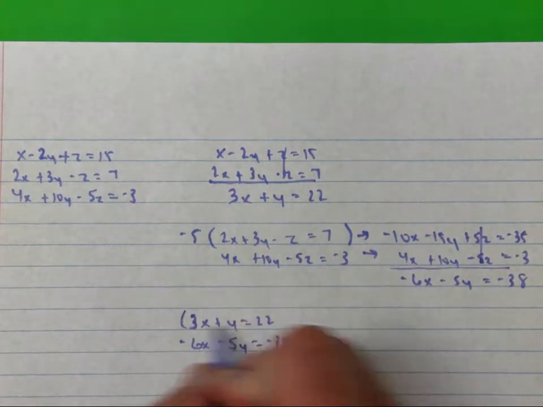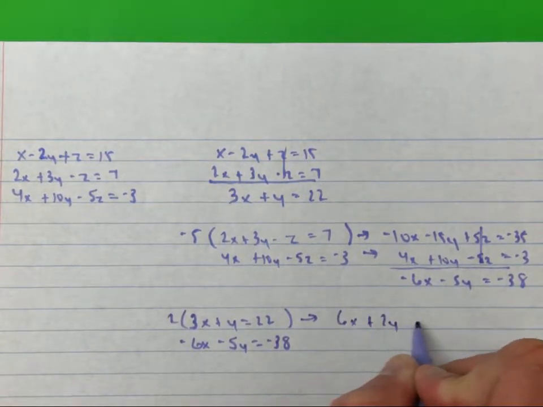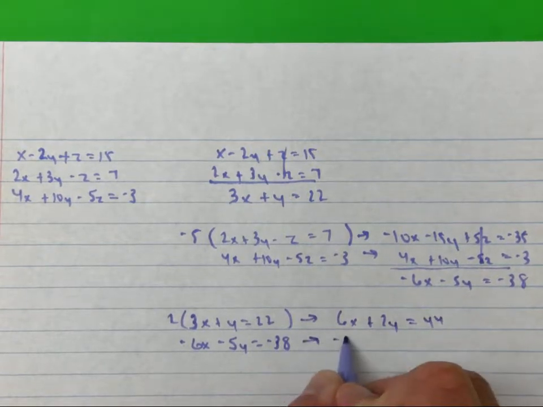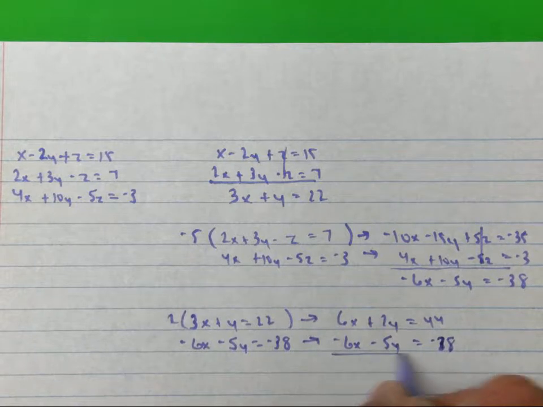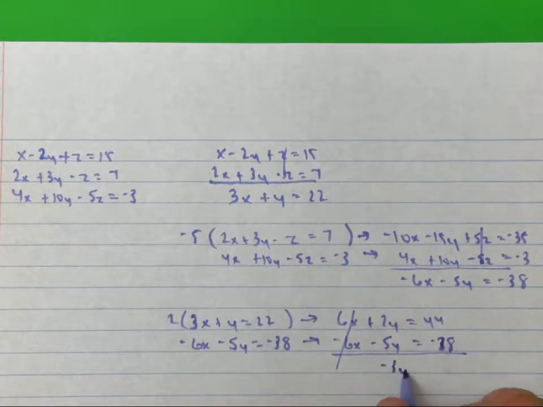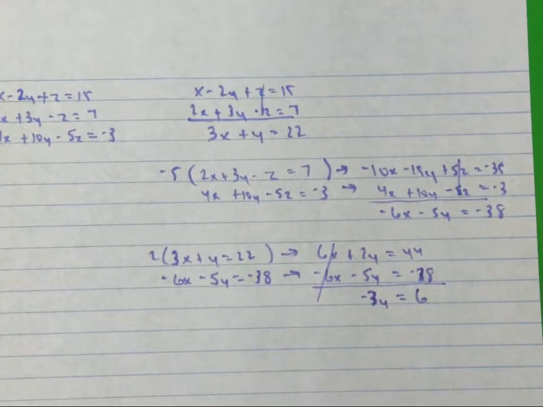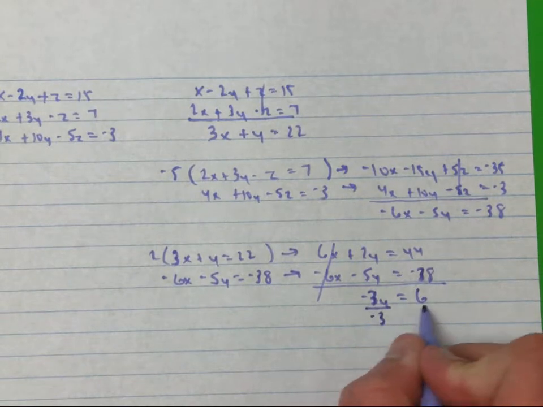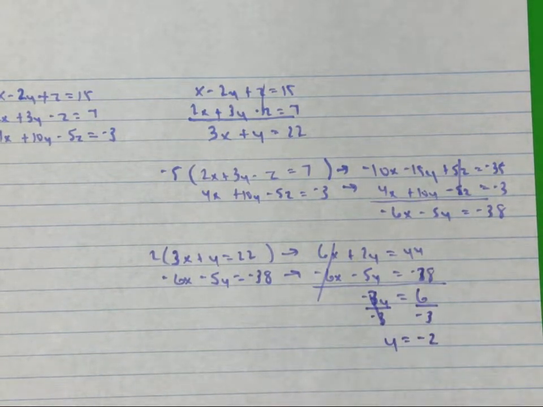I'm going to multiply this by 2. Negative 3y equals 6. I'm going to divide both sides by negative 3. Y equals negative 2.